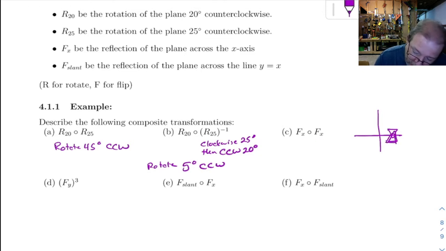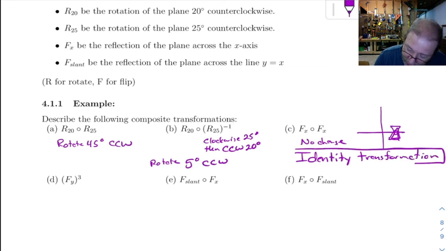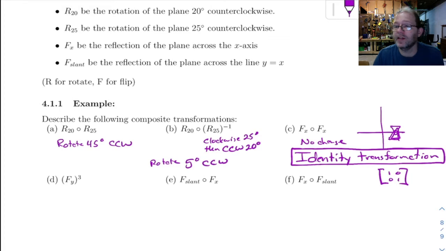So this would be no change, or we'd call that the identity transformation, because it just undoes itself. The matrix for that, unsurprisingly, is the identity matrix.